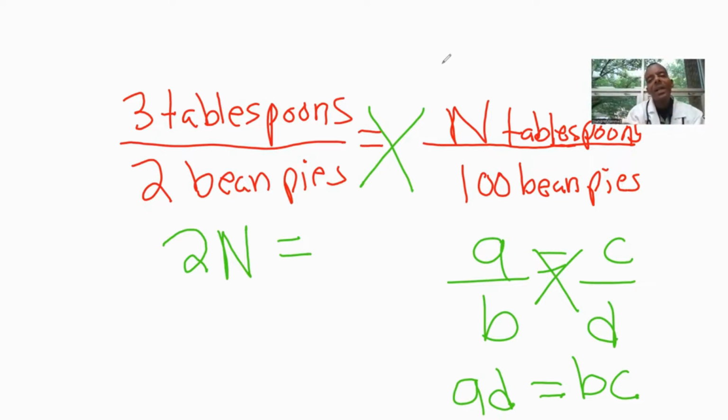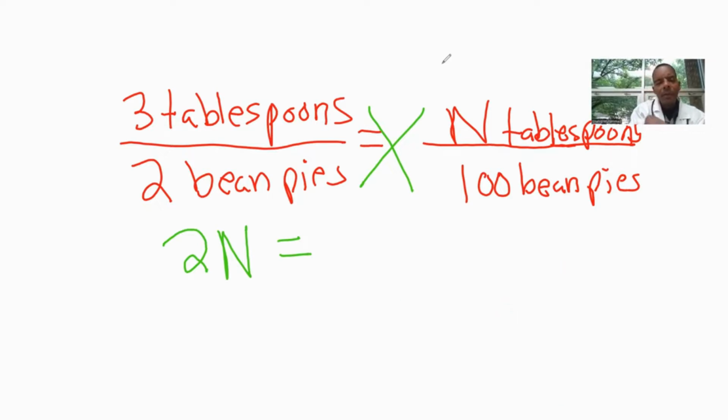So that means he can use this proportion to help him find out how much butter he needs to make 100 of them for his grocery store order.